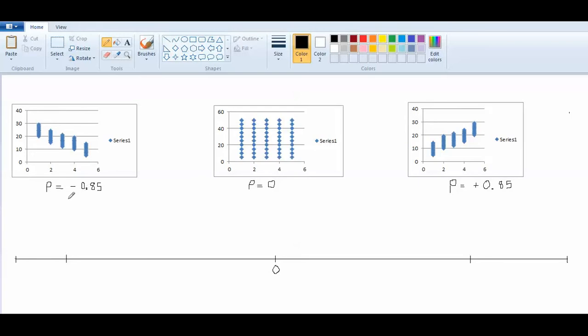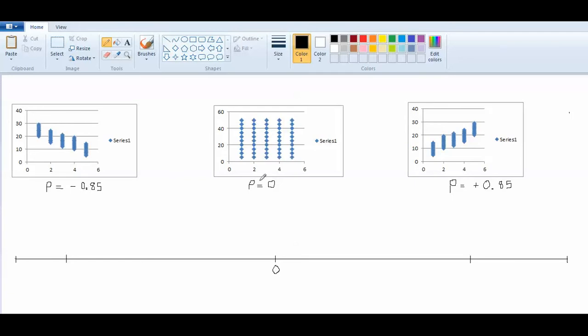So if we take a small sample, then the sample correlations will tend to be scattered further away from the population correlation, meaning they'll be scattered further below negative 0.85 and further above it out this way. But if it's a larger sample, then the sample correlations will be more closely packed around negative 0.85.